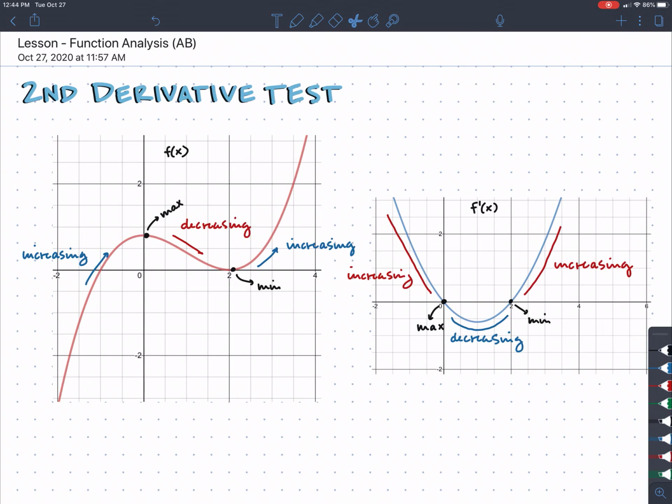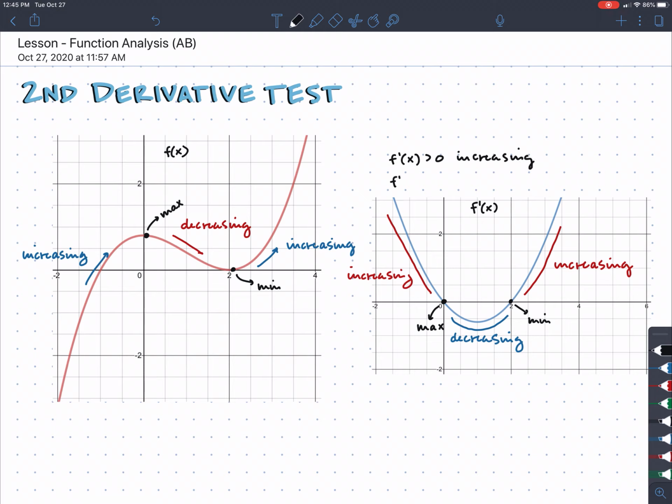Okay, everyone, so if you're watching this, then you feel comfortable with the first derivative test, and you are moving on with the second derivative test and kind of working on your own today. So the first derivative test told us when a function f of x was increasing or decreasing. We use the derivative to say that when f prime of x was greater than 0, our function is increasing.